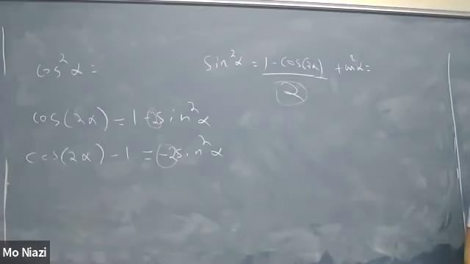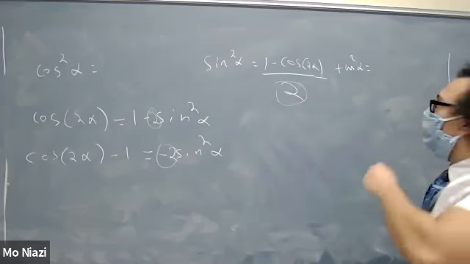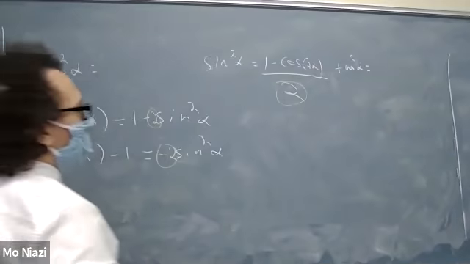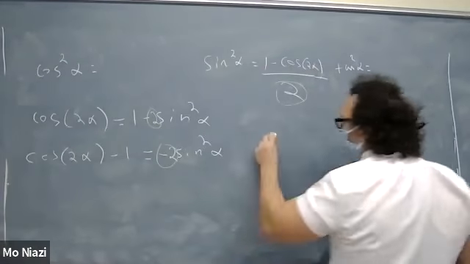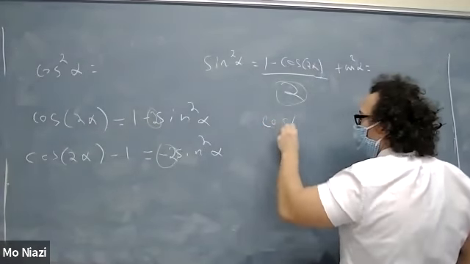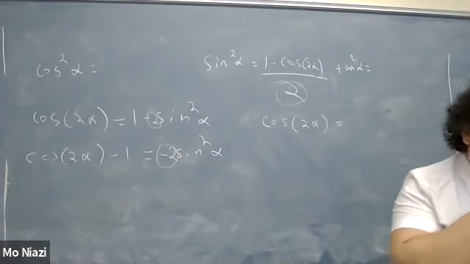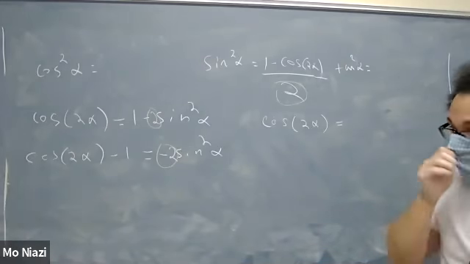Power reducing. What about cosine squared alpha? Well, this handy dandy cosine of 2 alpha also has an equivalent representation where it has a cosine squared alpha in it. And what was that? It was 2 cosine squared alpha minus 1.